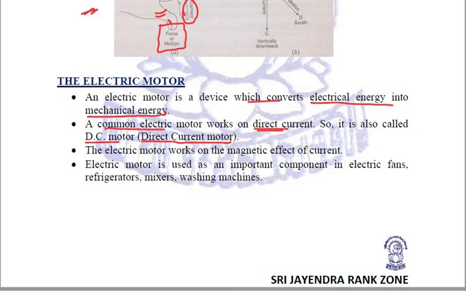And this electric motor works on the principle of magnetic effect of current. It is a very important component in a lot of our household electrical appliances like electric fans, refrigerators, mixers, washing machines, coolers, all the places.